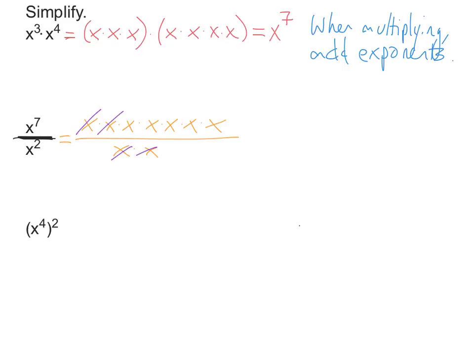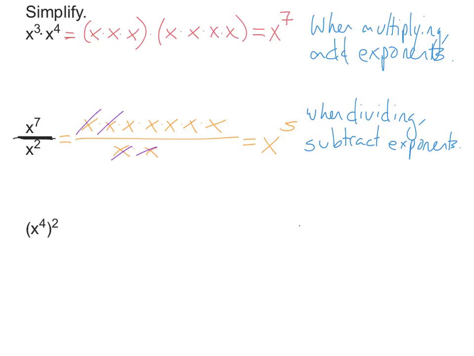These divide out and we get 1. We have left 5 x's in the numerator. So the final result is x to the 5th over 1, or just x to the 5th. And so the rule we came up with was, when dividing, subtract exponents.